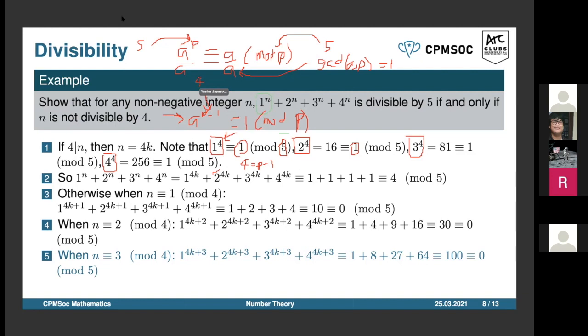So we can immediately deduce that 1 to the 4 is congruent to 1, 2 to the 4 is congruent to 1, and so on. That can save a bit of time. Instead of doing a lot of calculations, you can immediately deduce that each of these powers is congruent to 1 modulo 5. So that's how you can relate this problem to Fermat's little theorem, just to speed up the solution.